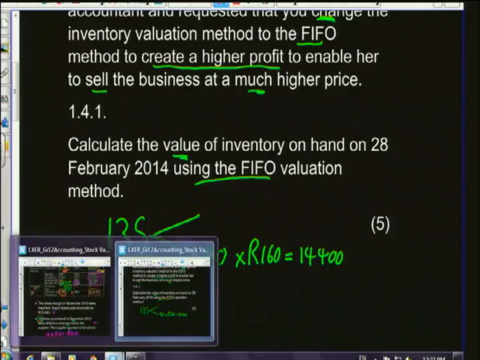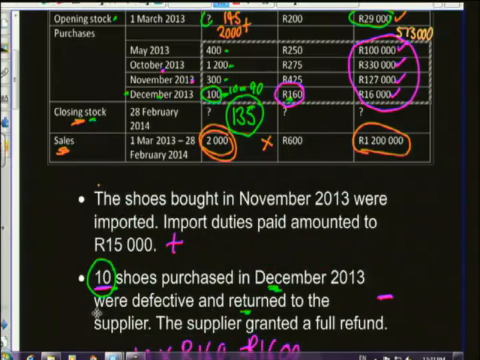So if we go back to our table, December, so we've looked at December already. We're now looking at the month of November. Now in November, we purchased 300 units, but how many units were unsold in terms of November's purchase?